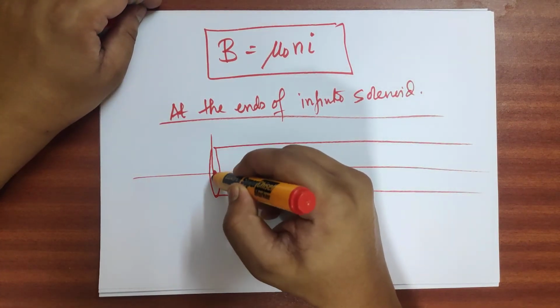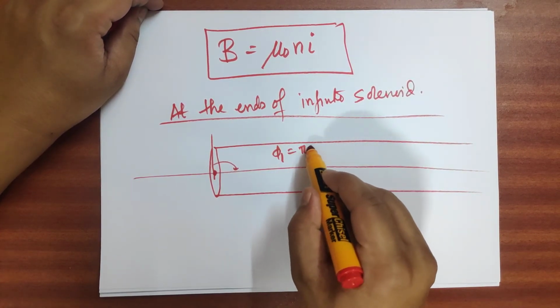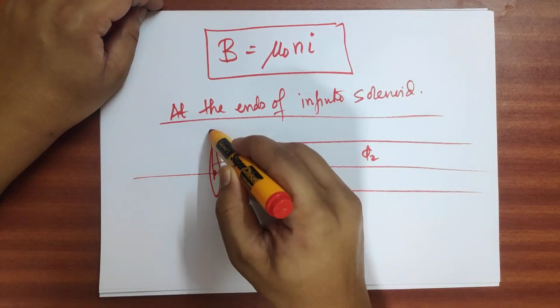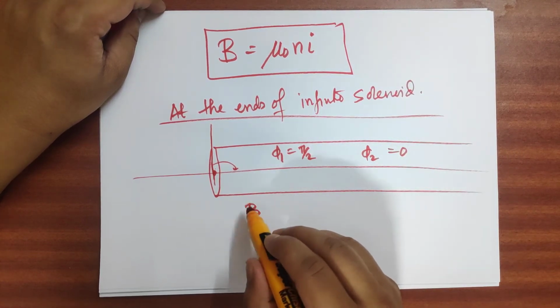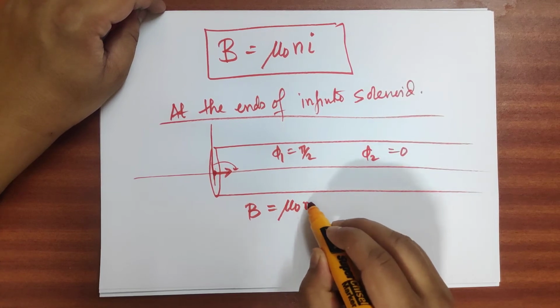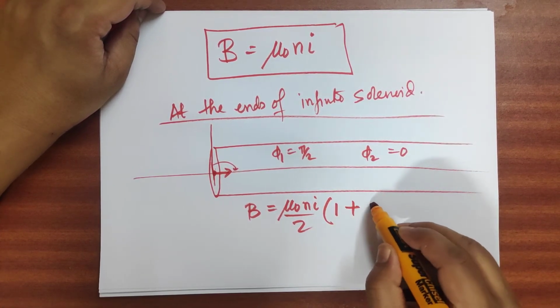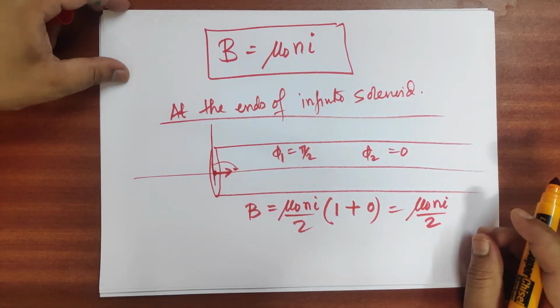Here phi 1 is pi by 2 and phi 2 would be this angle, so that's 0 actually. So B at this point equals mu 0 ni by 2 (sin phi 1 is 1 and sin phi 2 is 0). So mu 0 ni divided by 2.